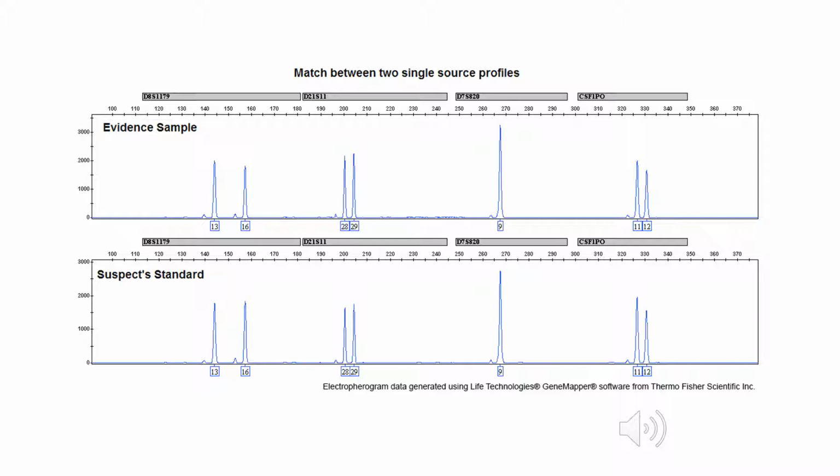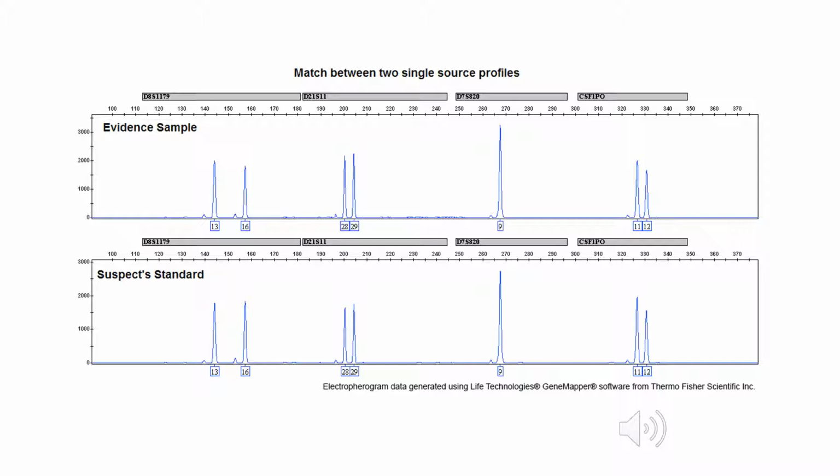This is a figure showing two different hypothetical samples taken. The first one being the evidence sample, so the sample that would have been taken at the scene of a crime, and the second one being the suspect's DNA sample. As you can see from the first one, there are peaks going all the way along, and these are basically the short tandem repeats, indicating the length of the short tandem repeats.